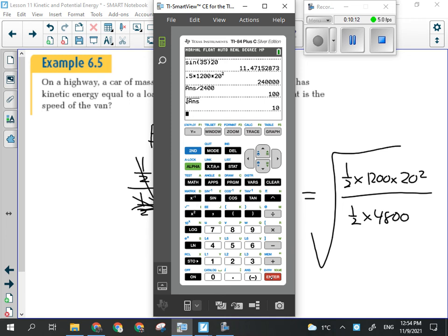If they had the same mass, they'd obviously be going the same speed. But they have the same amount of energy and the van's 4 times heavier. That means it has to be going half as fast because speed is exponentially related. It's got 4 times the mass, so it must be going half as fast.